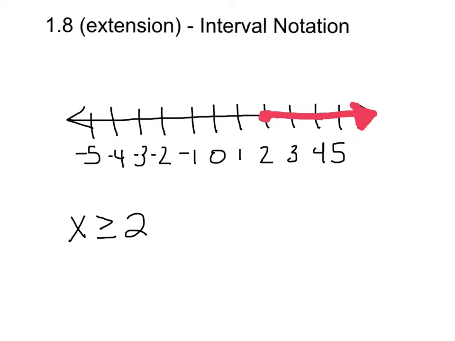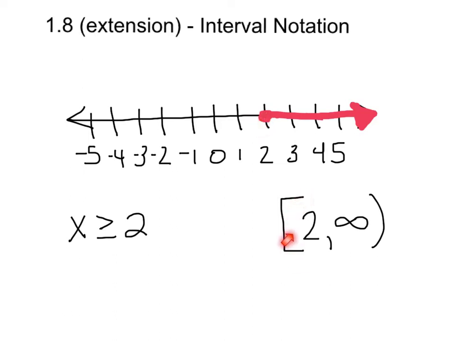Now in interval notation, it's going to look like this. And it means the exact same thing. But I want you to understand first, let's just look at this and think what these things mean. Let's start with the bracket. The bracket is going to tell you whether you have an open or closed circle. If you have a bracket, that means your circle is going to be closed.